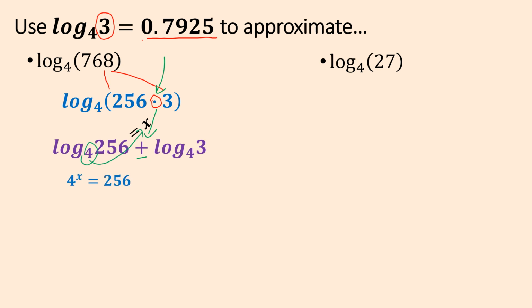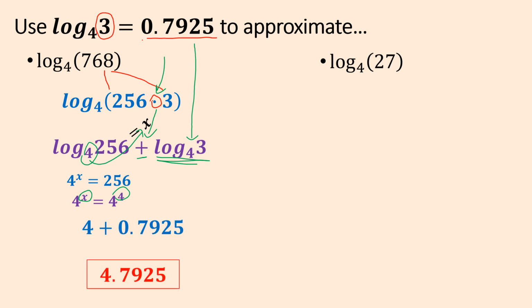Do a factor tree on that 256. We'll find it turns into 4 4s. So x equals 4 over here. And then this we know equals 0.7925. So our answer is just those two things added together, and we get 4.7925.